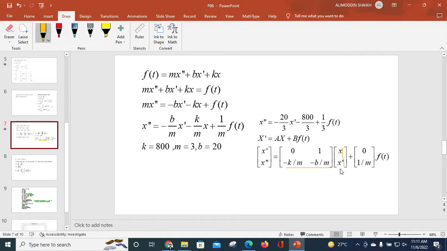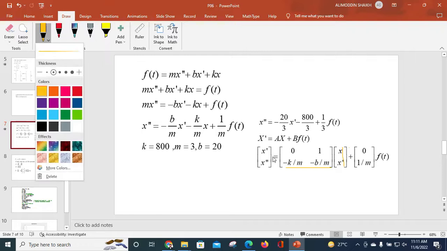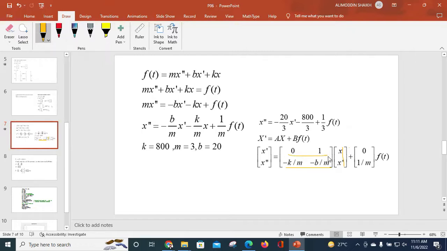Now if you multiply the matrix, x multiplied by 0 will be 0, and 1 by x dash will be x dash, plus 0 into f of t, means 0 will come.